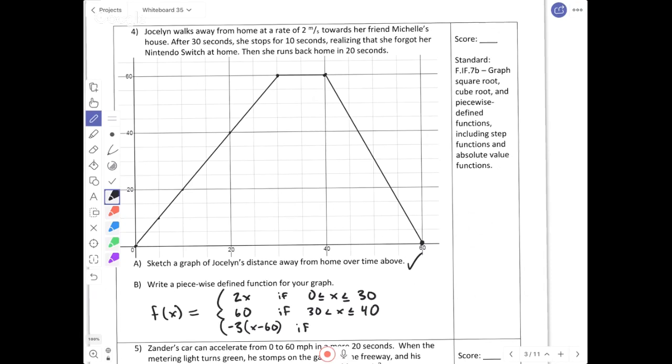If 40 is less than x less than or equal to 60. So at 40 seconds, 40 minus 60 is negative 20. Negative 20 times negative 3 is 60. That's where she was. And then at 60 seconds, she's back at 0. There's a piecewise defined function.